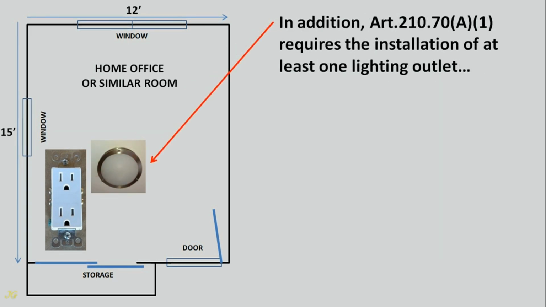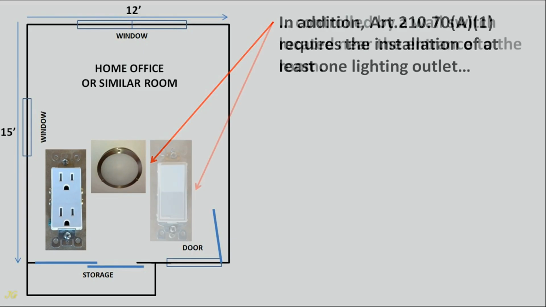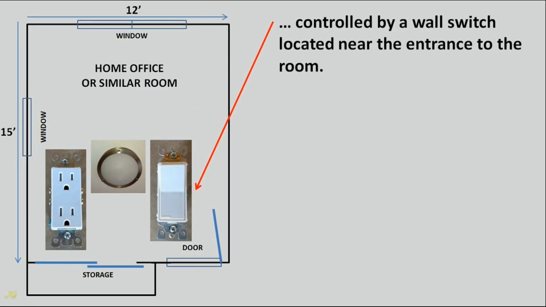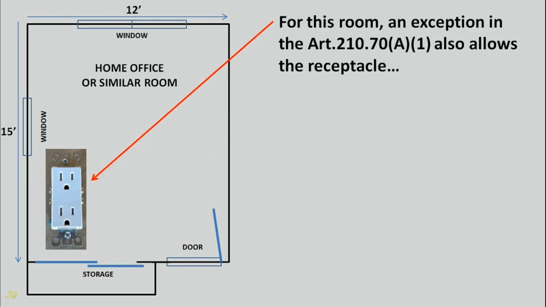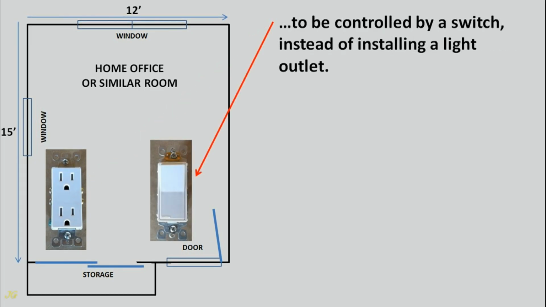In addition, Article 210.70(A)(1) requires the installation of at least one lighting outlet controlled by a wall switch located near the entrance to the room. For this room, an exception in Article 210.70(A)(1) also allows the receptacle to be controlled by a switch, instead of installing a light outlet.